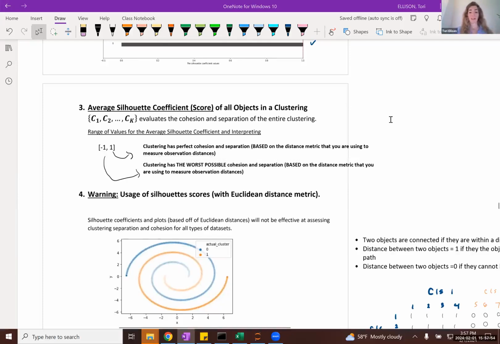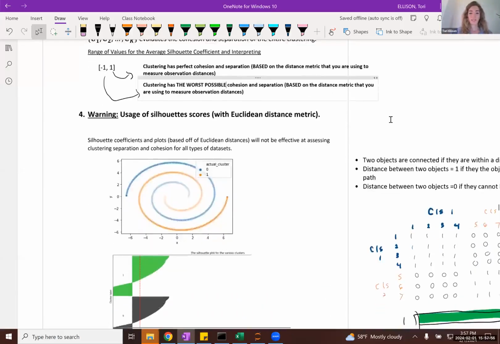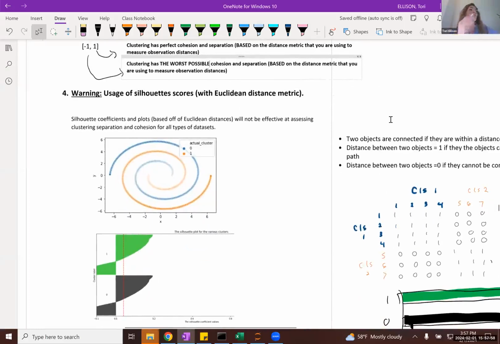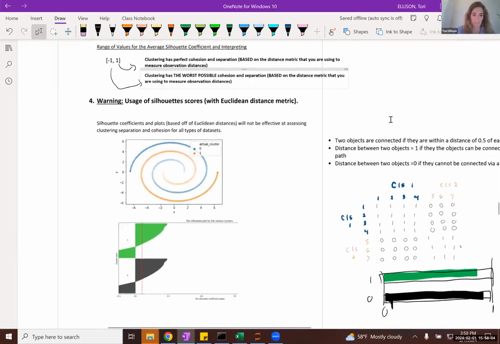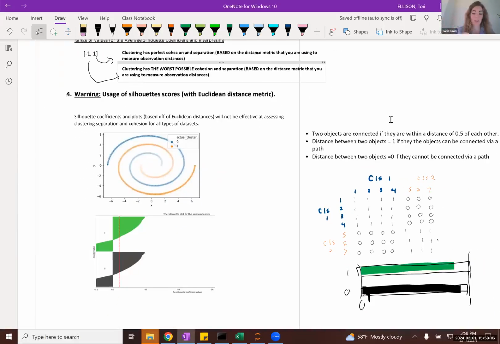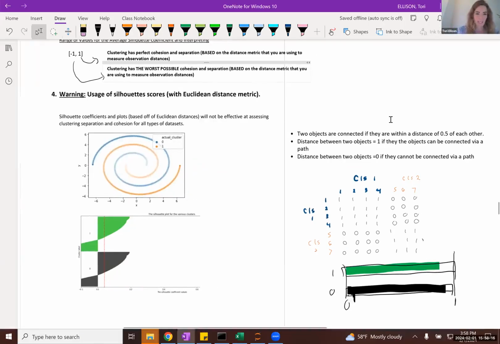Okay. Now, again, I want to circle back to how important the particular distance metric is when it comes to trusting that your silhouette score is going to be a useful metric for evaluating the overall cohesion and separation of the clustering. For instance, we can see again that this particular clustering of this particular data set did great, right?